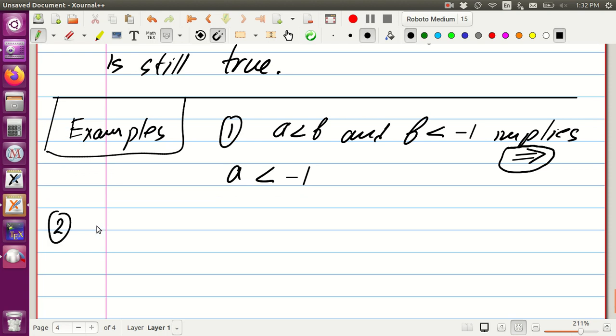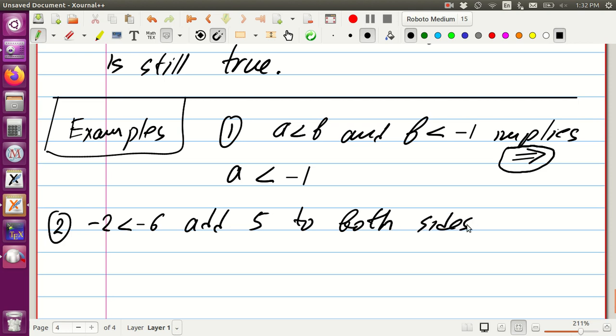The second example is if -2 is less than 6, we can add 5 to both sides to get -2 plus 5 is less than 6 plus 5.